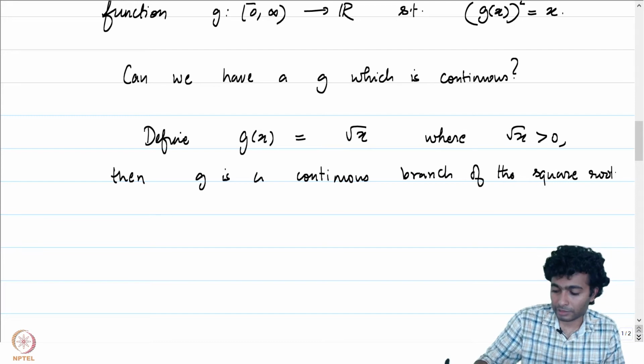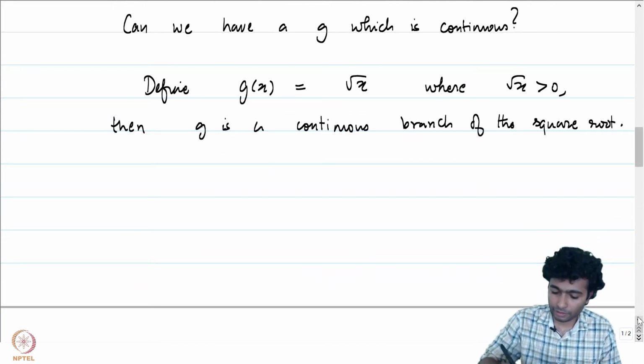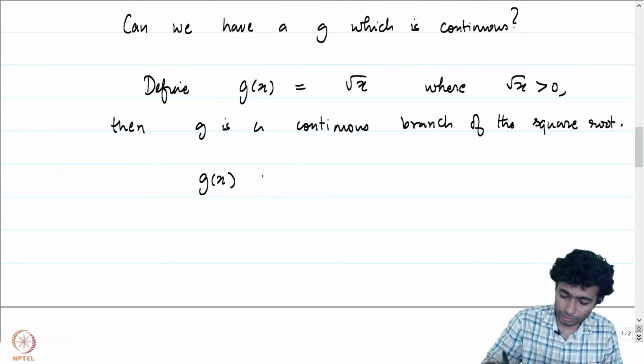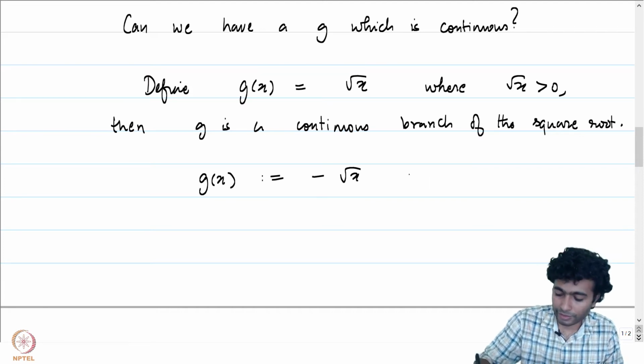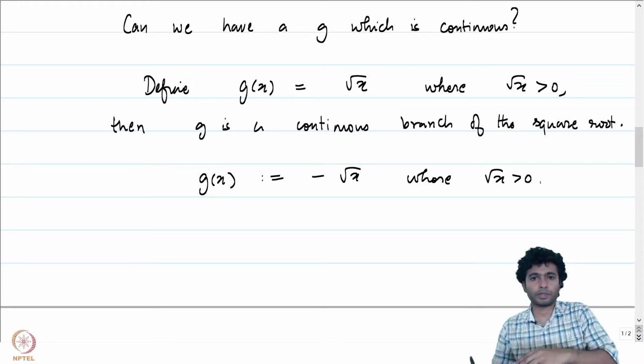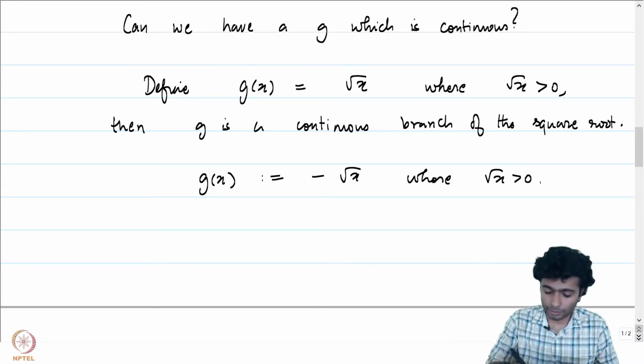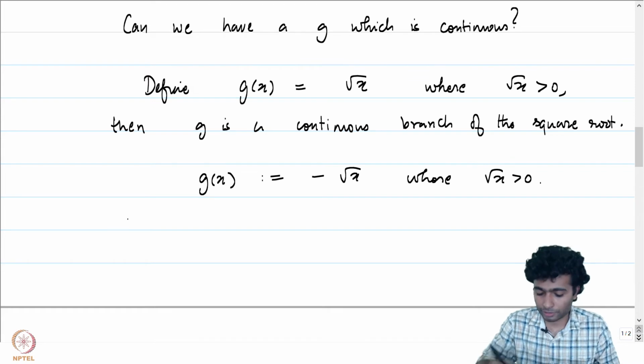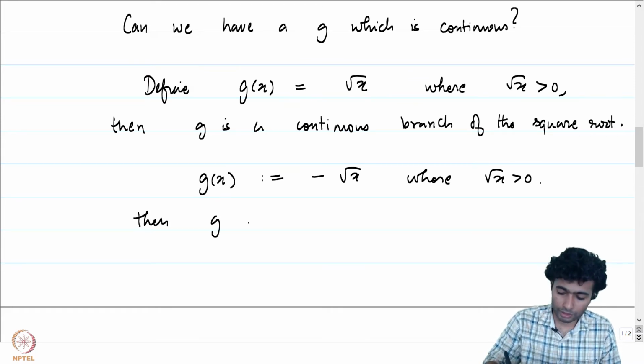We could define other branches as well. For example, if we pick the function g of x to be minus the square root of x, where the square root of x is the positive square root. So in particular, we are picking g to be the negative square root. Even then, g is a continuous branch of the square root.